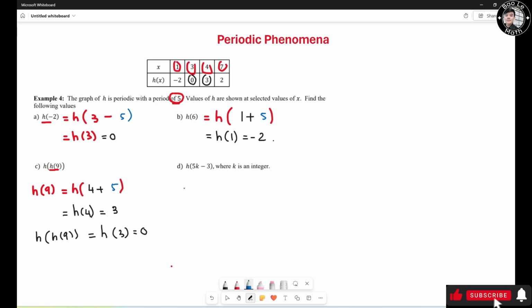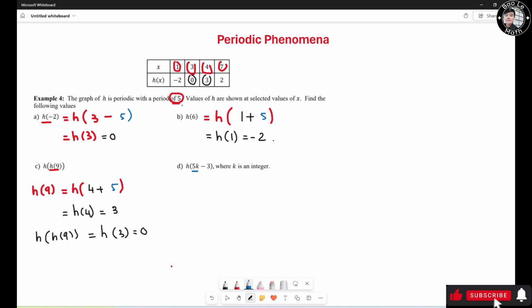Now let's move on to question D. We need to solve for h of 5k minus 3, where k is an integer. So we know that the period of the function is 5. So 5k means this is a multiple of 5.